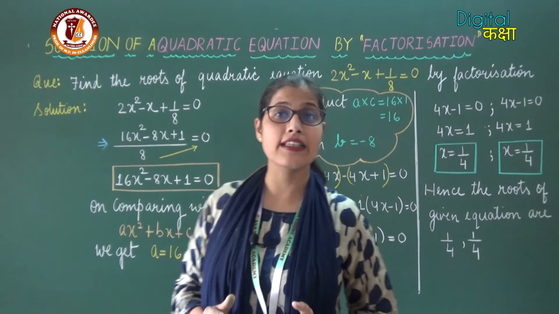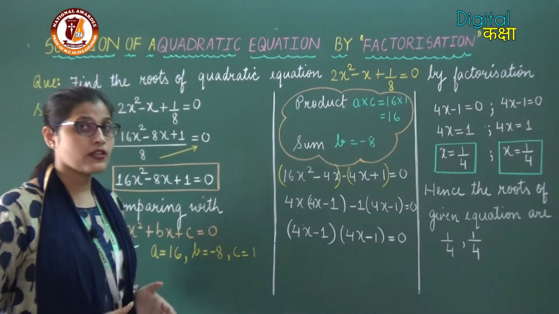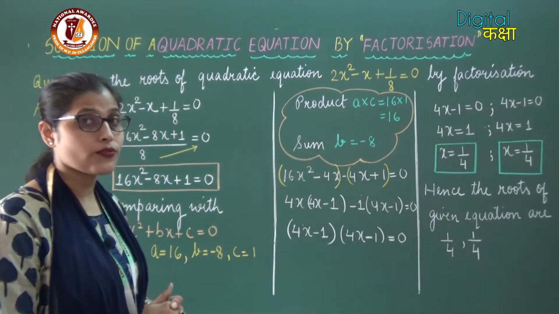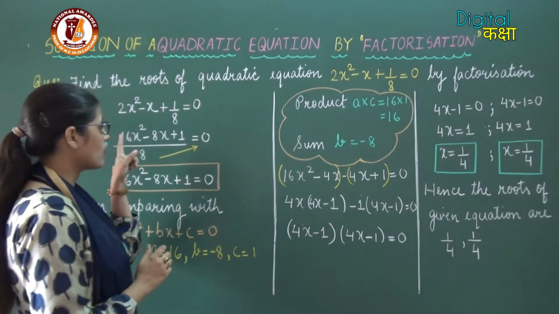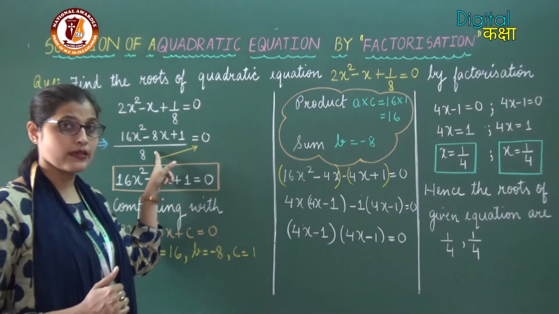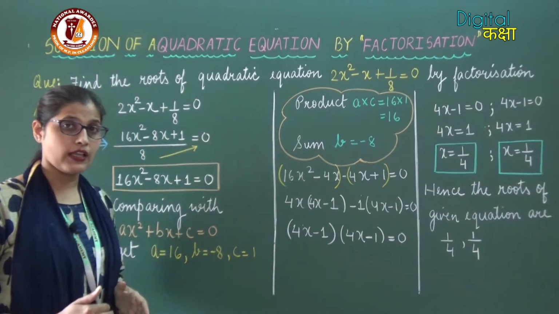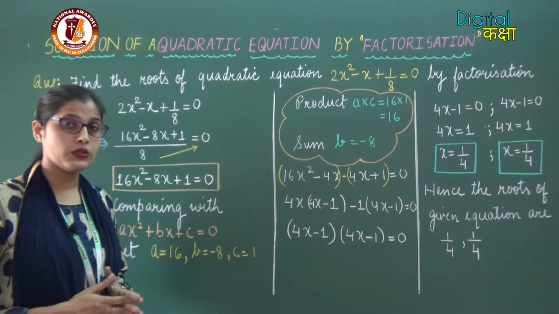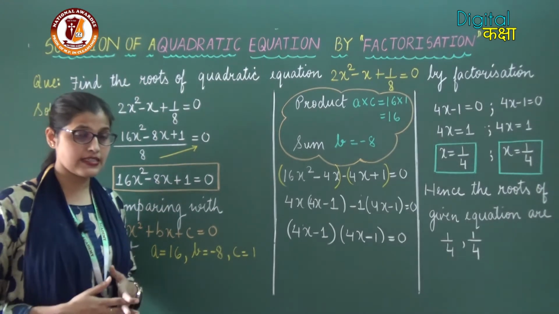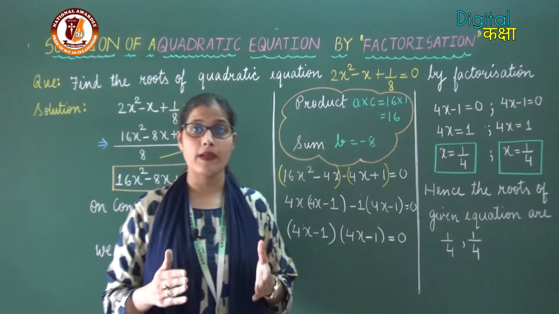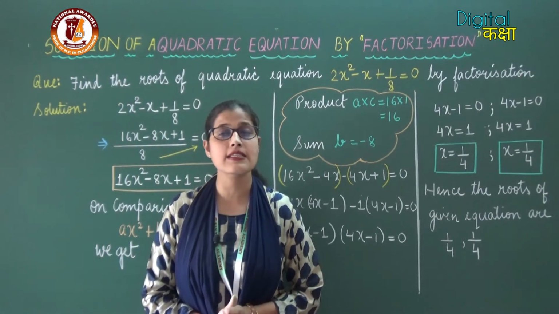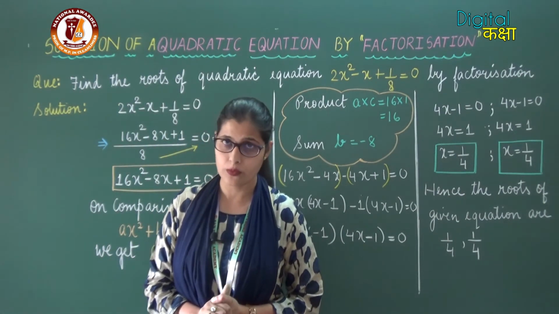As you can see here, the given equation is not in the standard form. So, we will first find the LCM of the given equation and convert it into the standard form, which is ax square plus bx plus c equals 0.